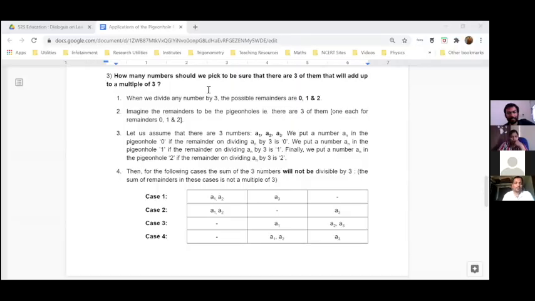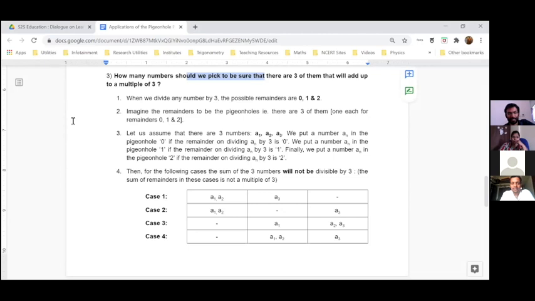This was the problem: how many numbers should we pick to be sure that there are 3 of them that will add up to a multiple of 3? So first point is, when we divide any number by 3, there are 3 possible remainders: 0, 1, and 2. We imagine that those remainders are the pigeonholes, one each for remainders 0, 1, and 2.